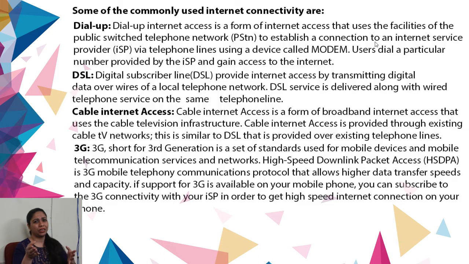Then comes 3G. You must be knowing about 3G. The only thing is your mobile phone should have the 3G facility in it, and then only can you use this connection. It is comparatively very high speed: the High Speed Downlink Packet Access. This is the full form that you have to learn. HSDPA is a 3G mobile telephony communication protocol that allows high data transfer speed and capacity, so this type of connection gives you higher connectivity.